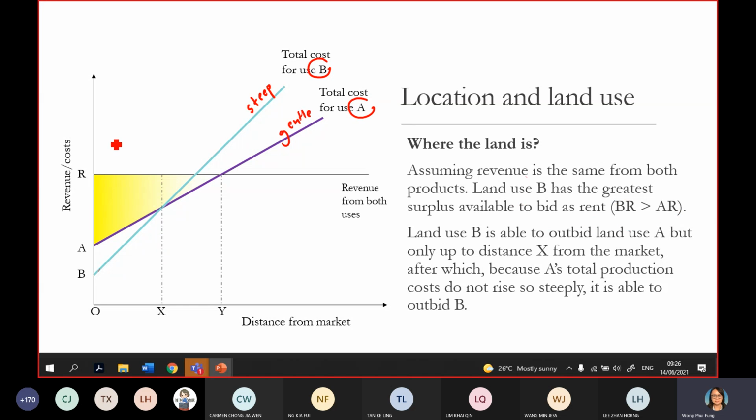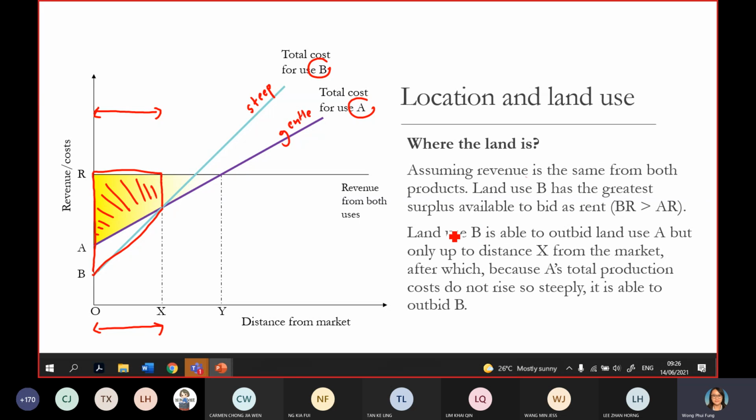So now I want you to focus on this area only. Look at this area first, OX. So you can see between OX, B has more surplus. Can you see? Correct or not? Bigger. A has lesser surplus.